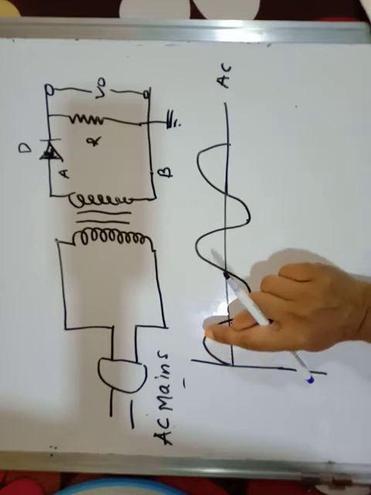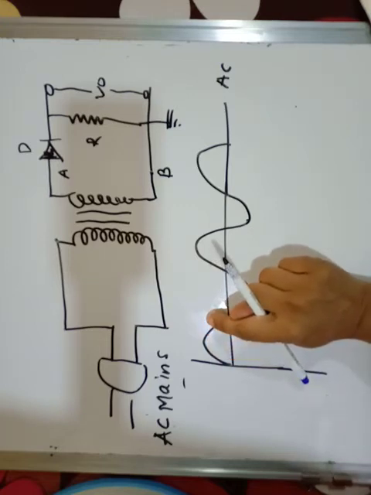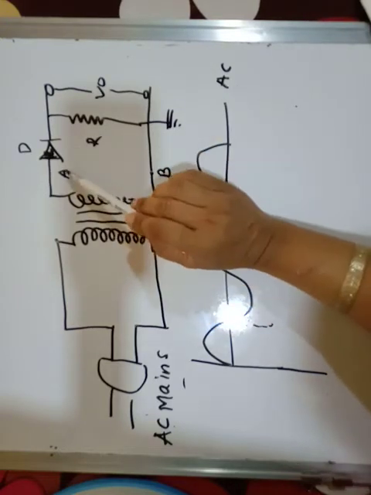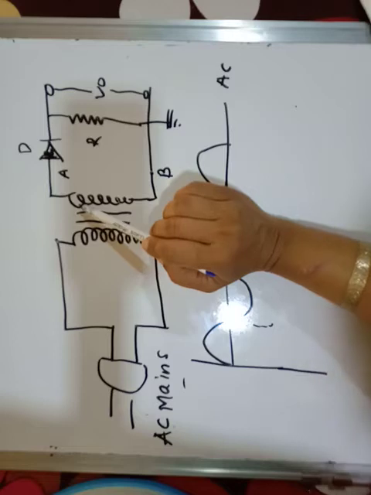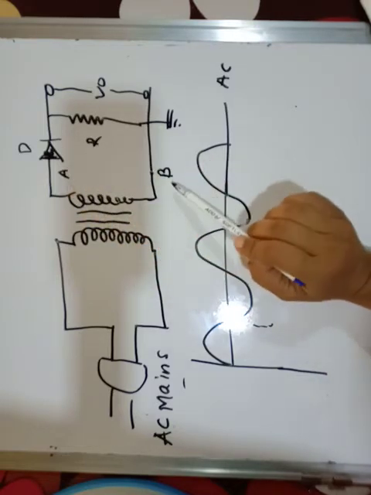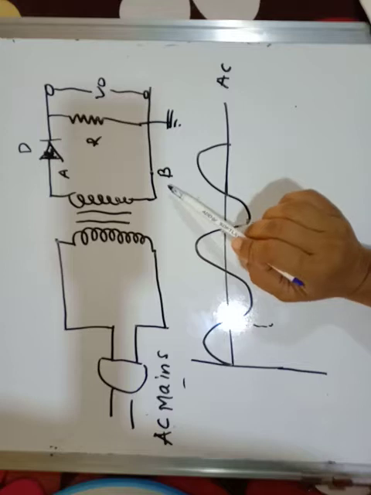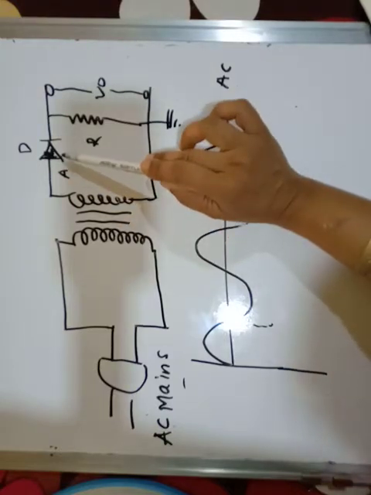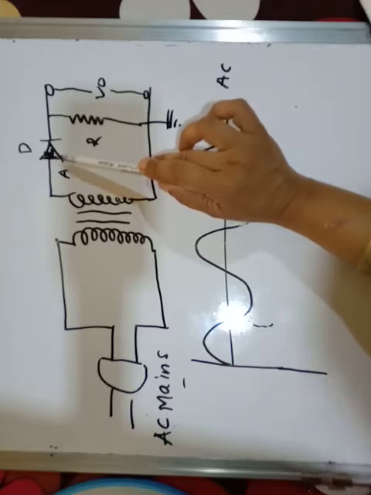In the first half cycle, that is the positive half cycle, suppose the transformer secondary terminal A is positive with respect to terminal B. The diode becomes forward biased, and in forward bias it acts as a closed switch.